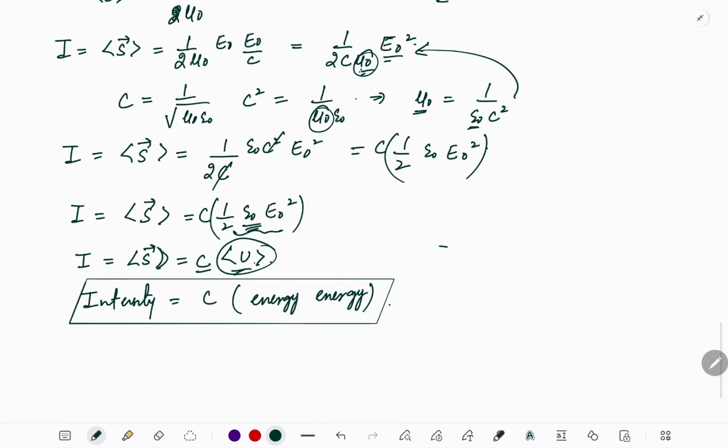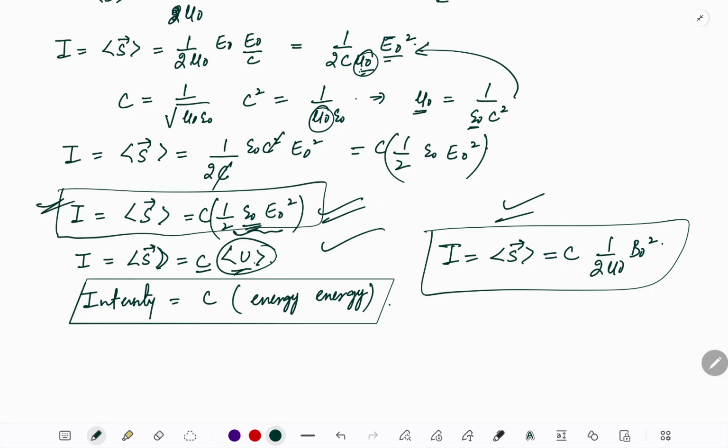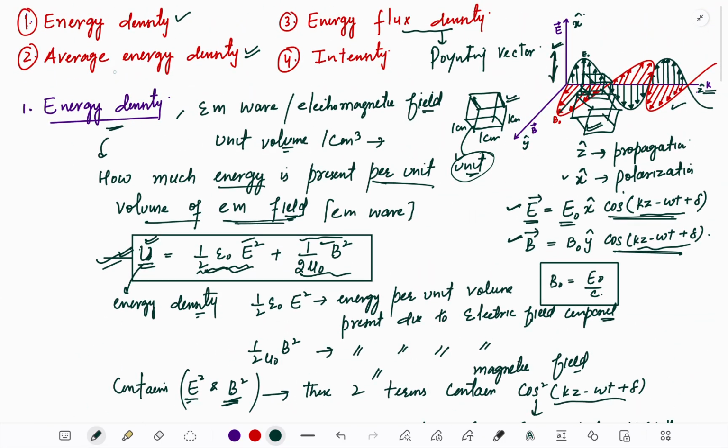In some examinations it might give you the intensity as c times 1 by 2 mu 0 B naught square, because we know these two are equal. So these formulas are very important. I hope you get these four terms now. There is no problem in that: this term, this term, this term, and this term.